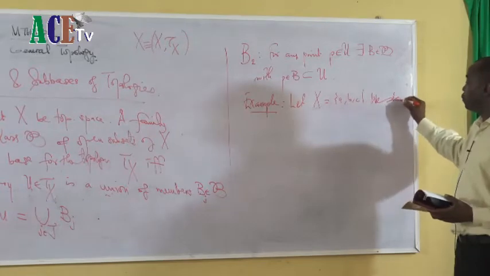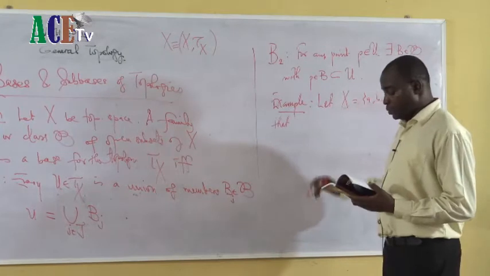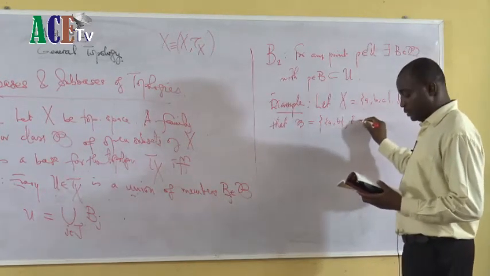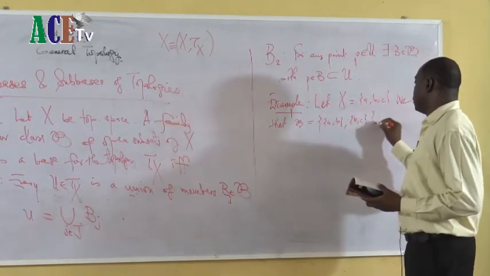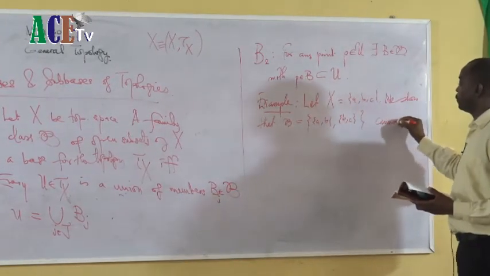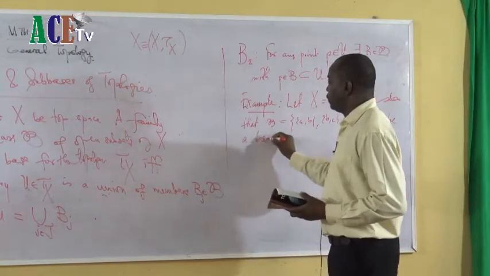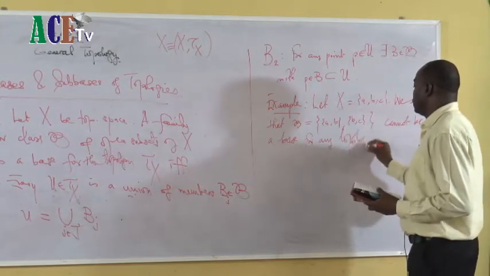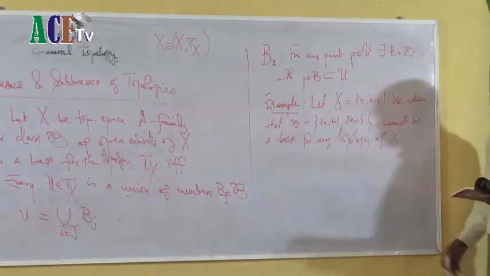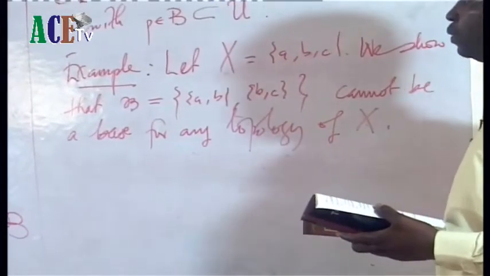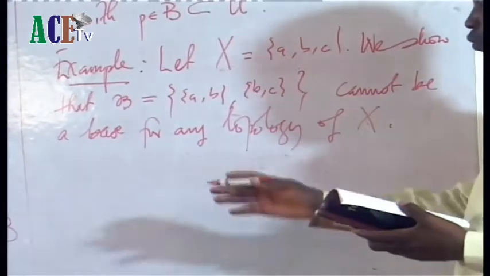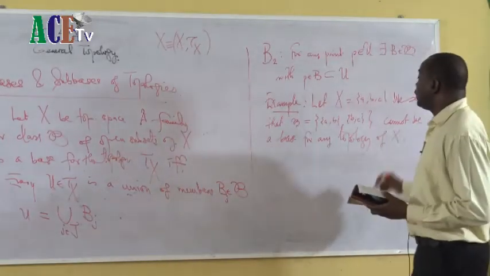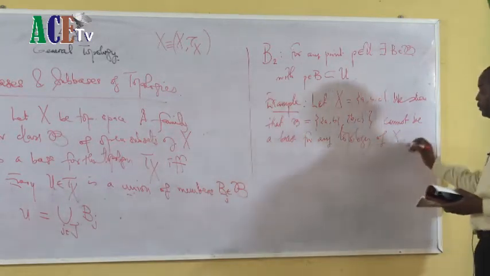We show that curly B here, which is made up of the pair AB and BC, cannot be a base for any topology of X. So we want to look at the axioms to make this proof.